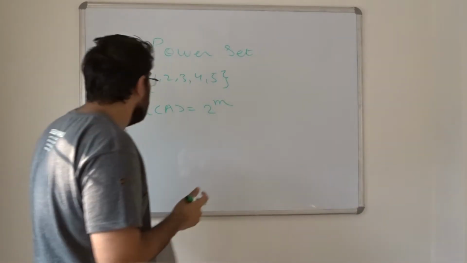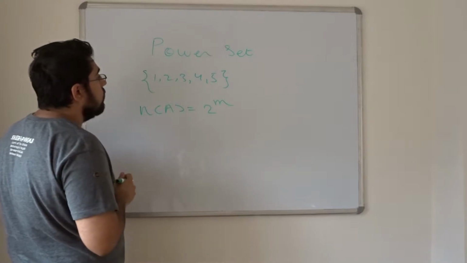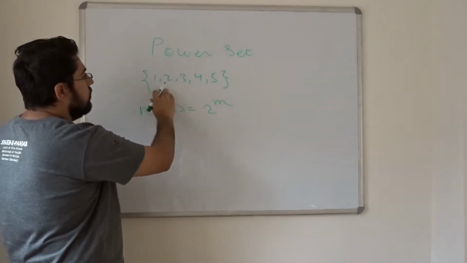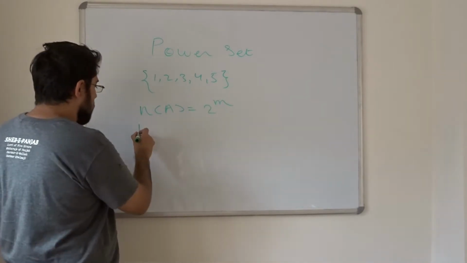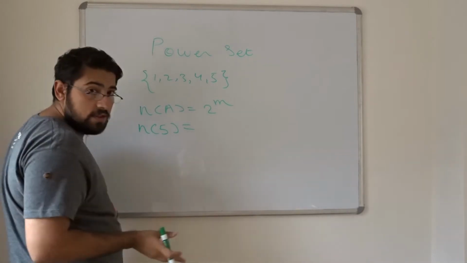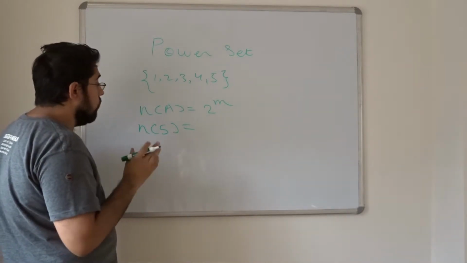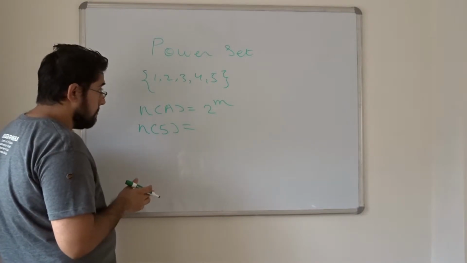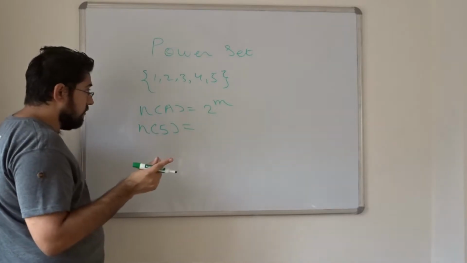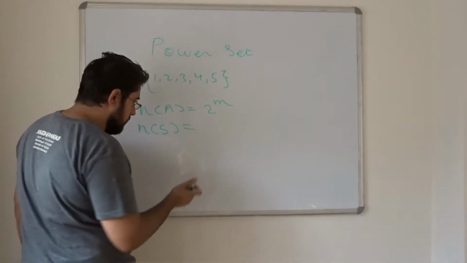So now what are we going to do? The question is, how many subsets will 5 elements have? Set N5 will have how many subsets? It's going to have 25 subsets.